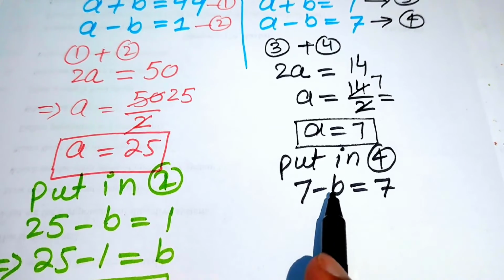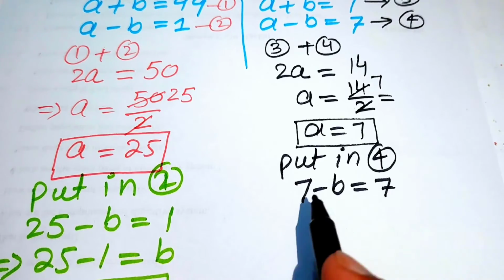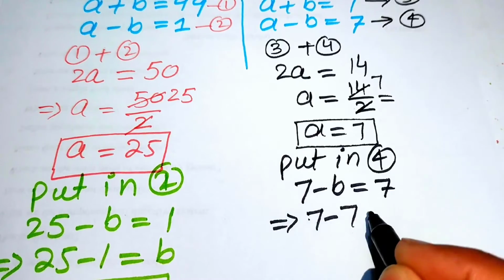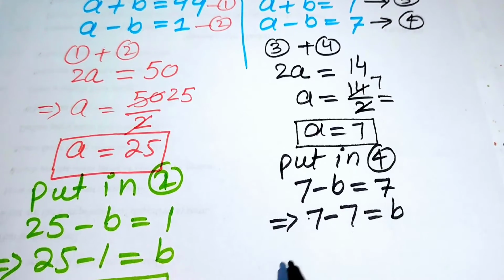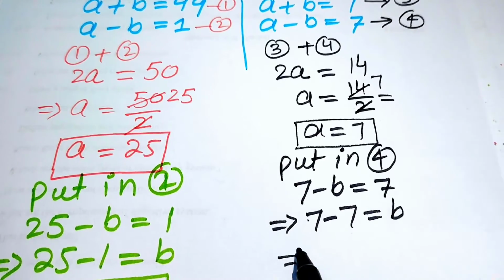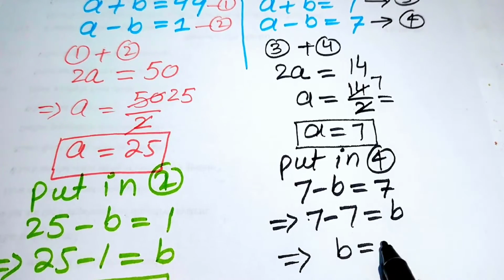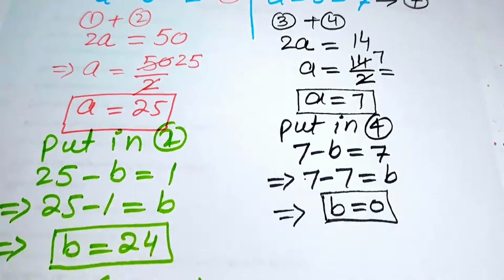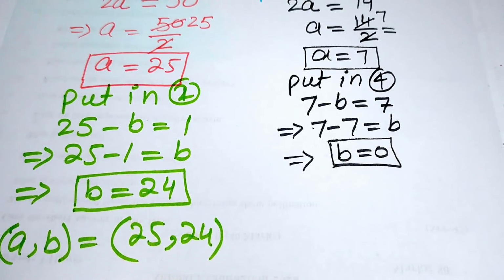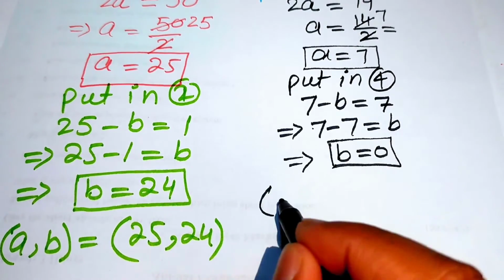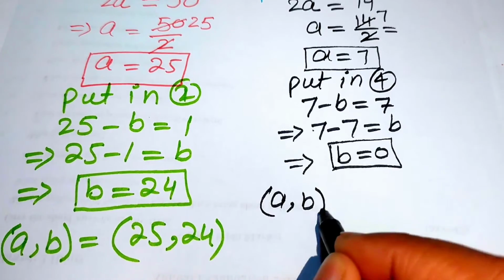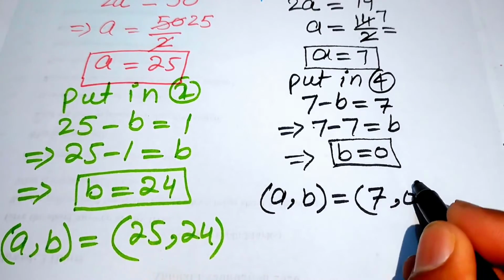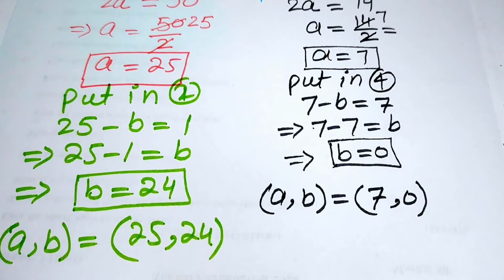So here we move this minus b to the right hand side and 7 to the left hand side, and we get 7 minus 7 equals b. So 7 minus 7 becomes 0, and we get the value of b equals 0. So in this case, we get the values of a and b in this form. Our a is 7 and b is 0.